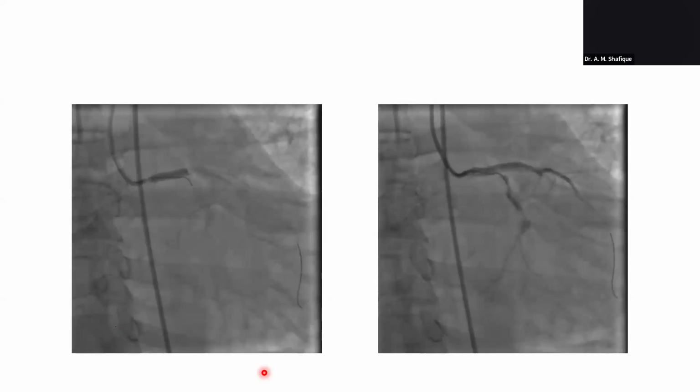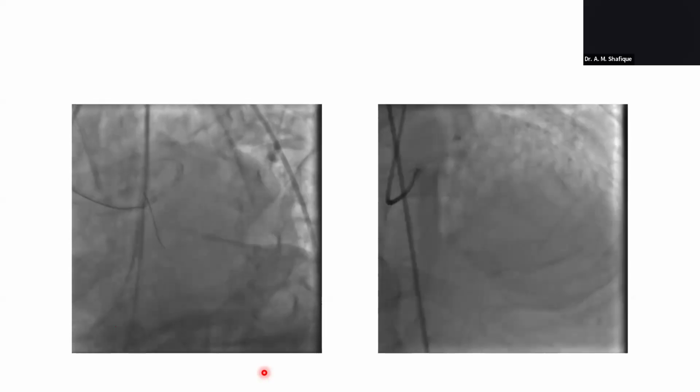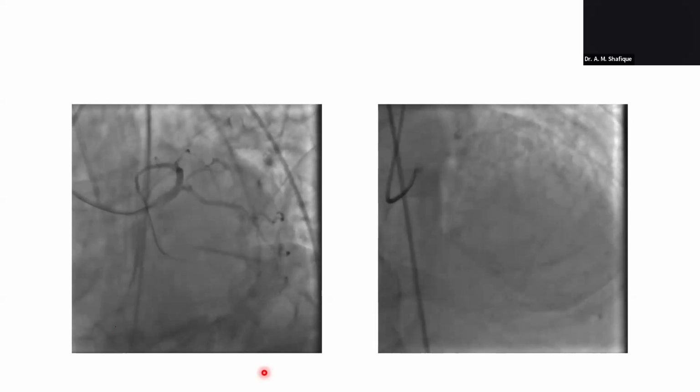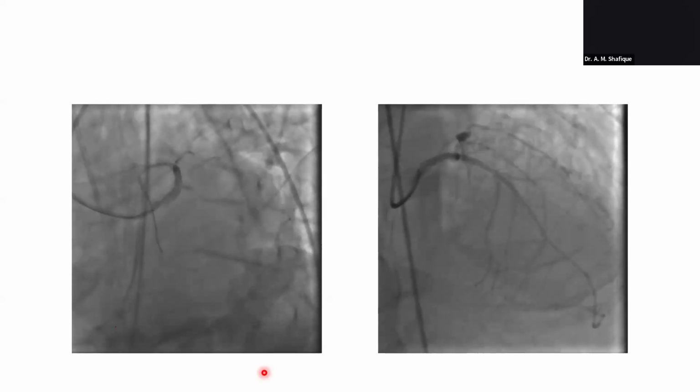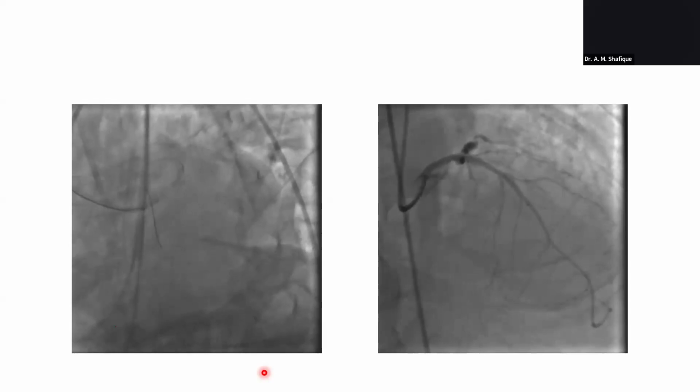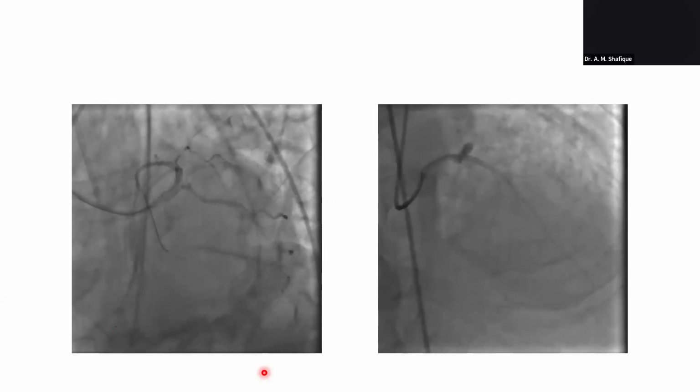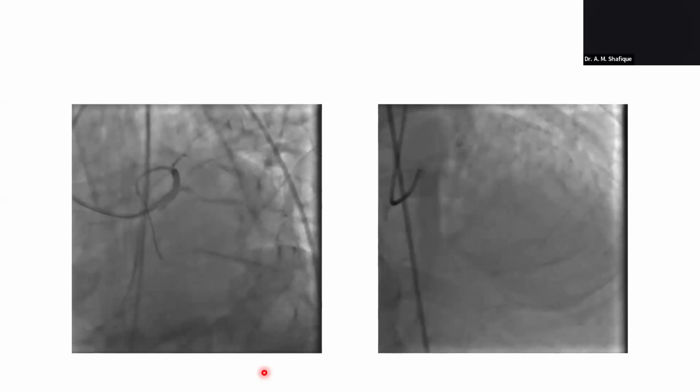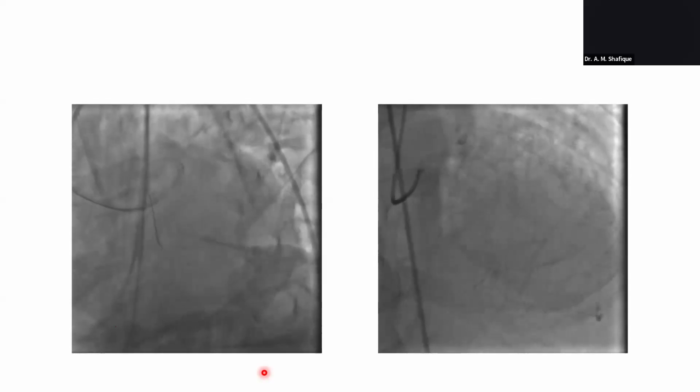We did not try to negotiate the LCX because there is TIMI 3 flow, and the blood pressure was going up on the table, and the patient was sent back to CCU.